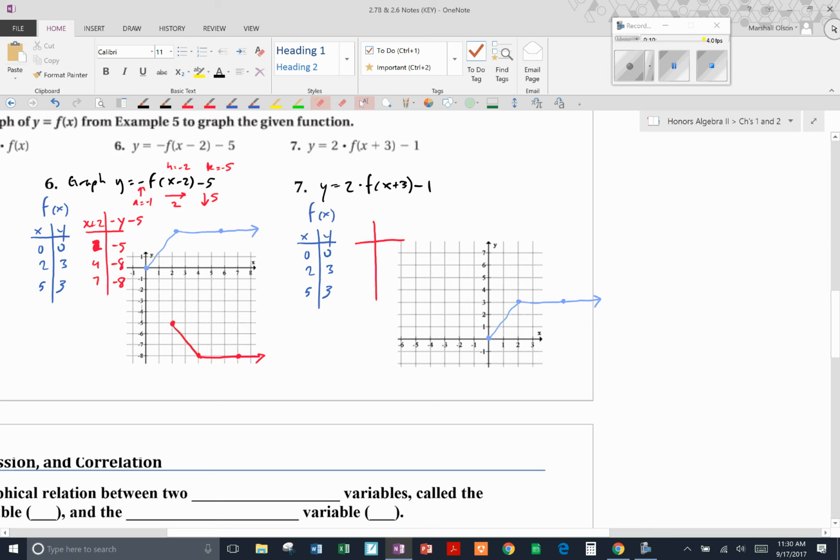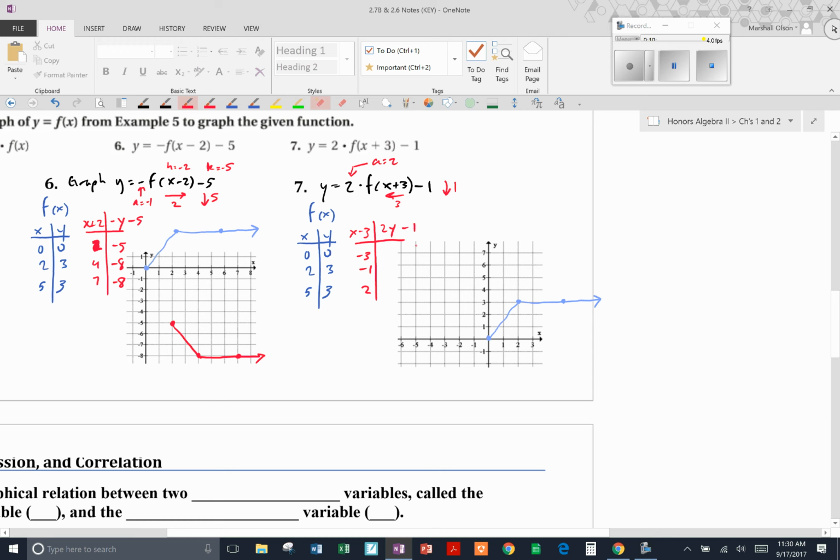All right, last one here. We're going to multiply by positive 2, so it's going to stretch it vertically by 2. So I'm going to have to multiply the y values by 2. I'm going to take care of that right away. The x values, we're going to go left 3. So I'm going to take x minus 3. I'll do that right away so I don't mess those up again. And then the negative 1 for k value means I'm going to go down 1.